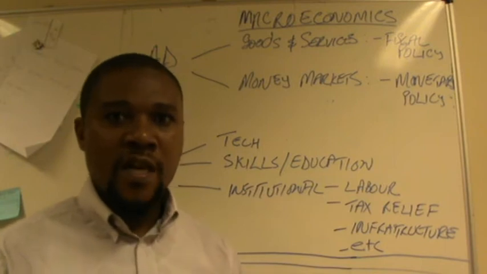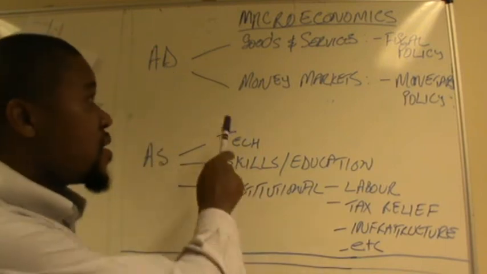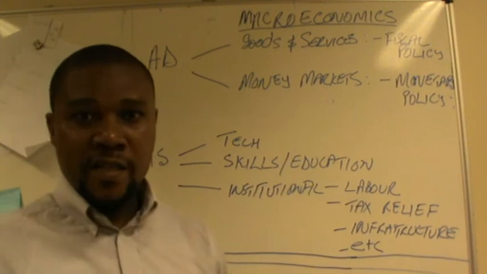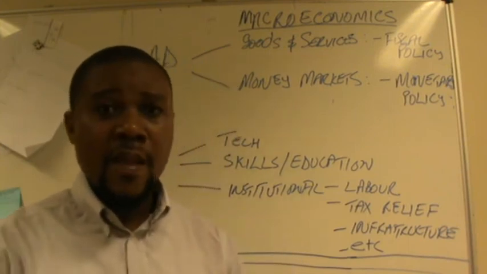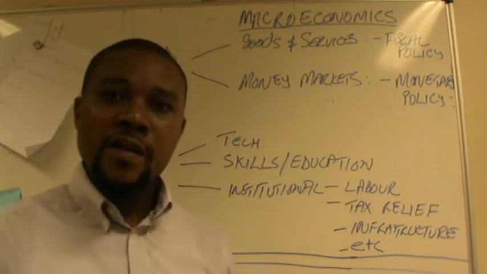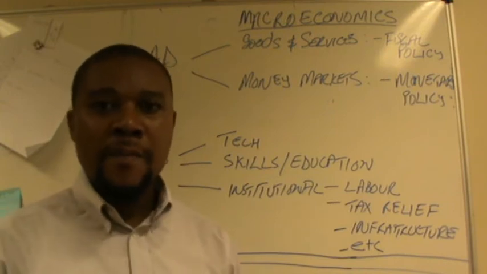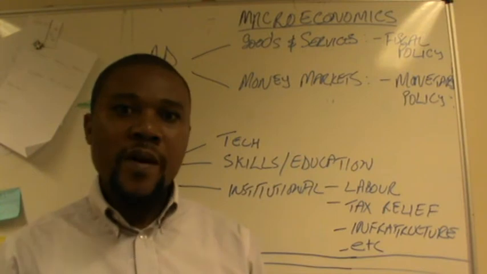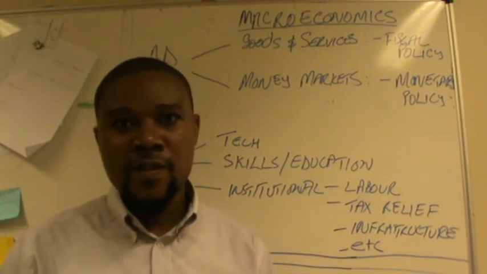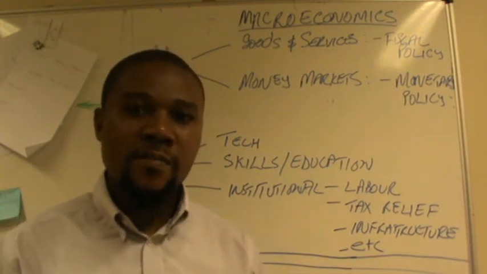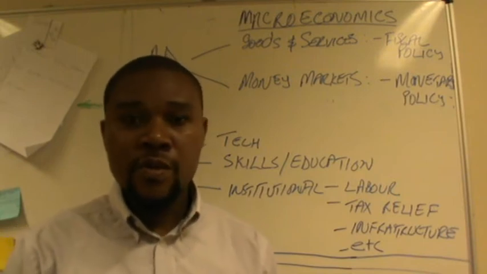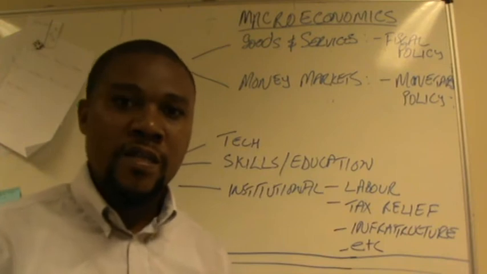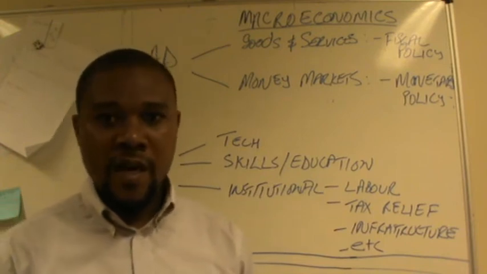Then most of the time many economists would advocate aggregate demand intervention type policies. But once your economy has been kicked off, you want to move away from aggregate demand policies and start adopting aggregate supply policies, or you can do them concurrently. There's also no reason why you can't intervene in the economy from both sides.